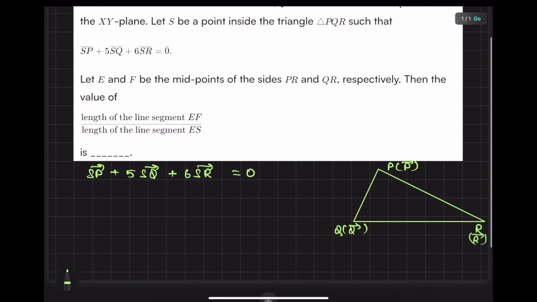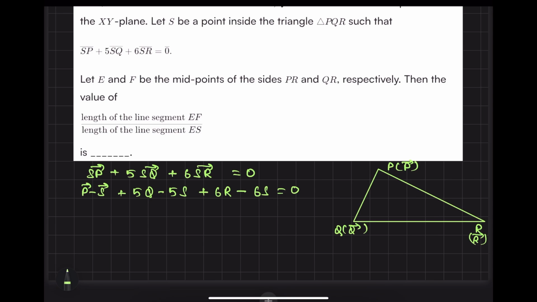Can I break down this function as final minus initial: P minus S, then 5Q minus 5S, then 6R minus 6S.